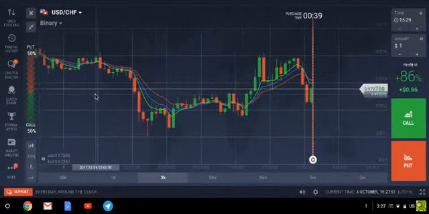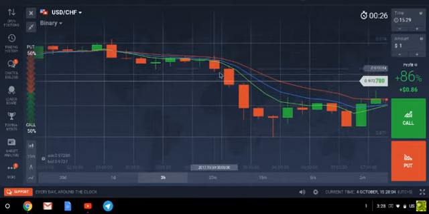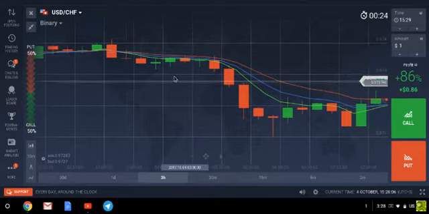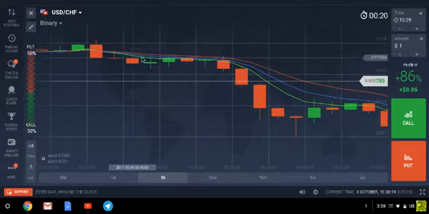So here, this is the chart. As you see these lines, when the green line, the 5 EMA, is below, the 8 one is in the middle and the 13 one is above, this means the trend is downward, and you can clearly see that it's a downward trend.